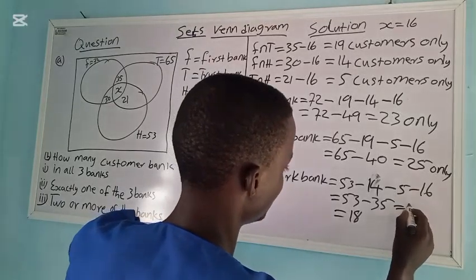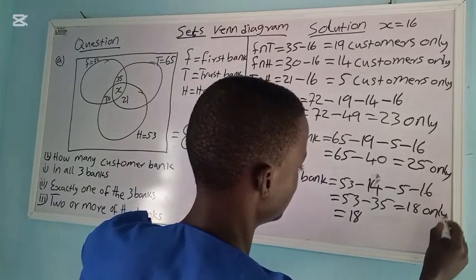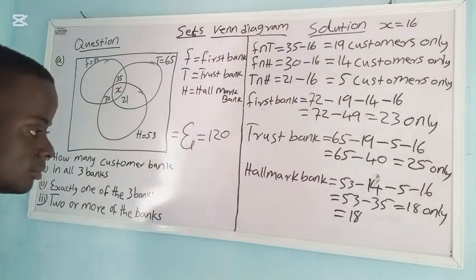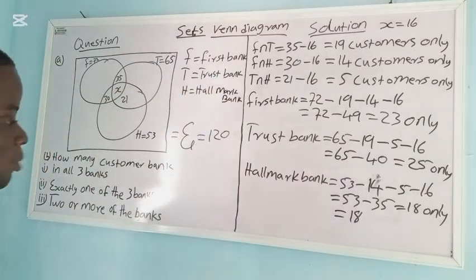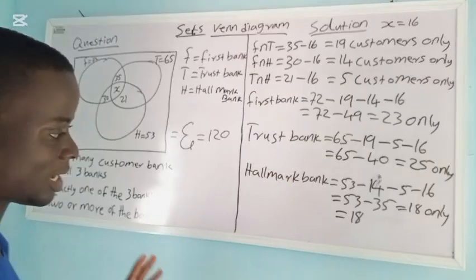So let me use this with 18 only. So we have 18 customers that use only Hallmark Bank. Only Hallmark Bank.